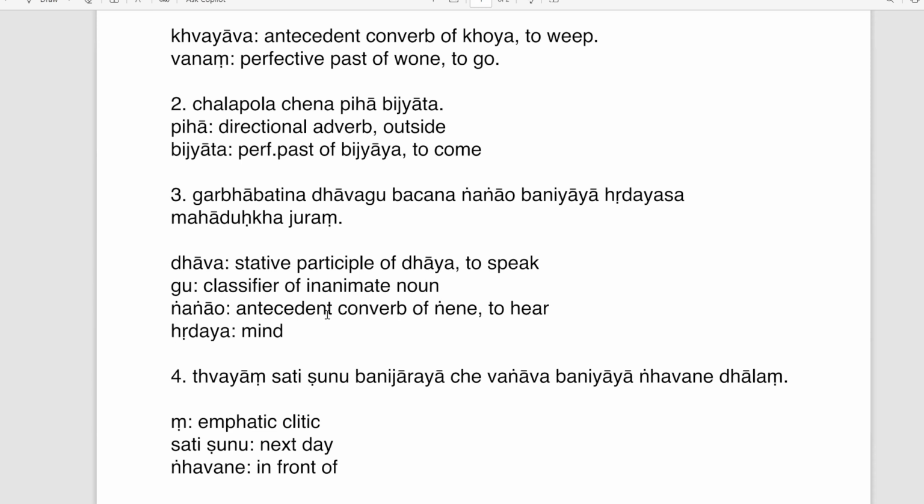Yes, heart, and locative. So at the heart of the merchant, and then great sorrow, just straight from Sanskrit, existed. So after hearing what Garbhavati said, the merchant's heart became very sorrowful. Yes, exactly, totally right.